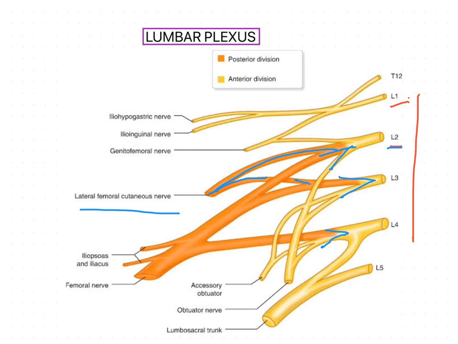Now we will see another set of dorsal branches. The dorsal branches of L2, L3 and L4, all these three dorsal branches unite to form the very important femoral nerve.